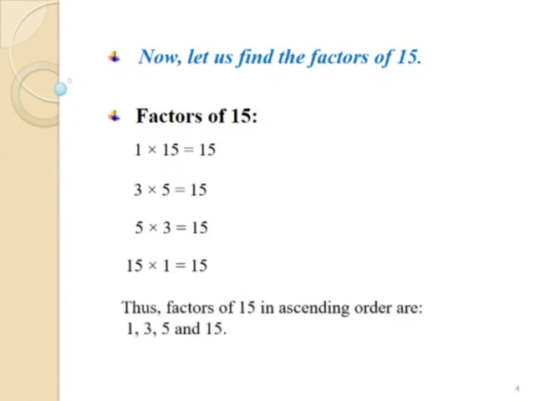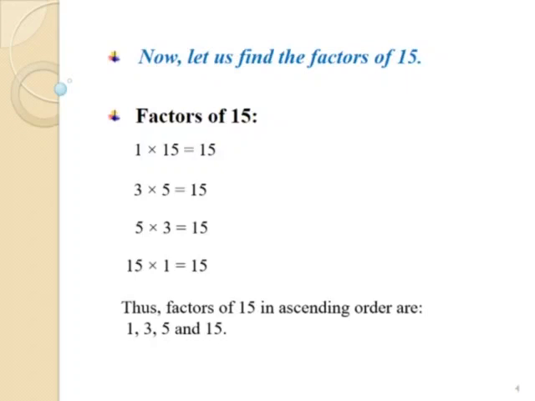Thus, we observe, point 1: 1 is a factor of every number. It is the smallest factor of a number. It is also called the universal factor. Point 2. Any number is a factor of itself. It is the greatest factor.